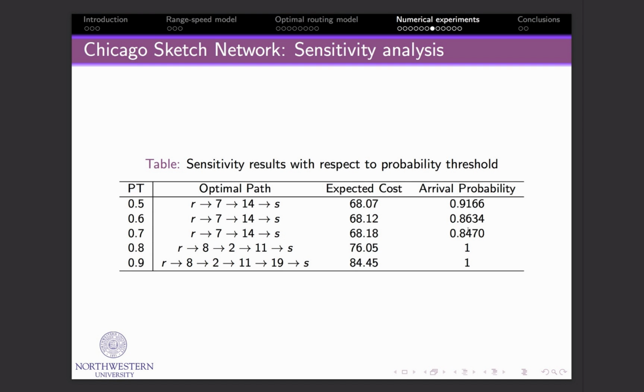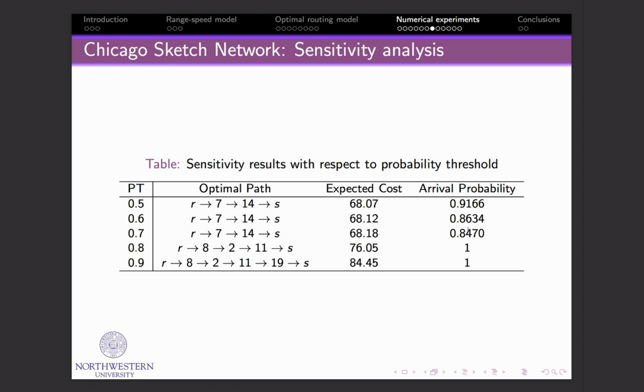The second table is the sensitivity results with respect to range limit. The range limit is in the first column, from 40 miles to 100 miles. We can see in this case the results change substantially when the range limit increases from 40 to 100 miles.